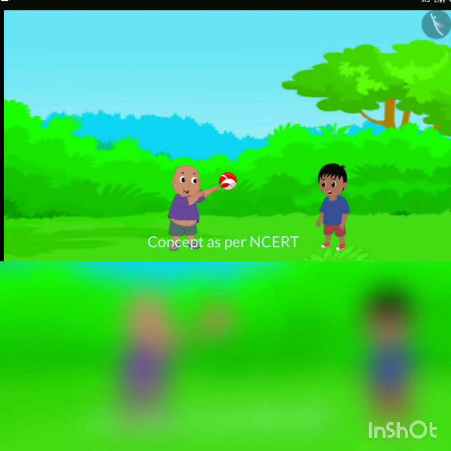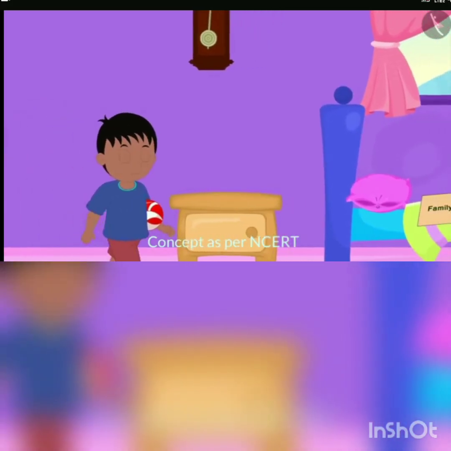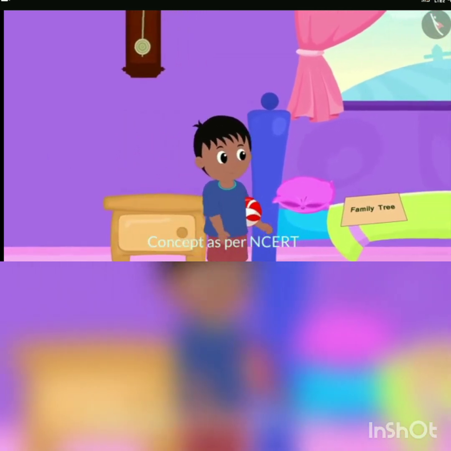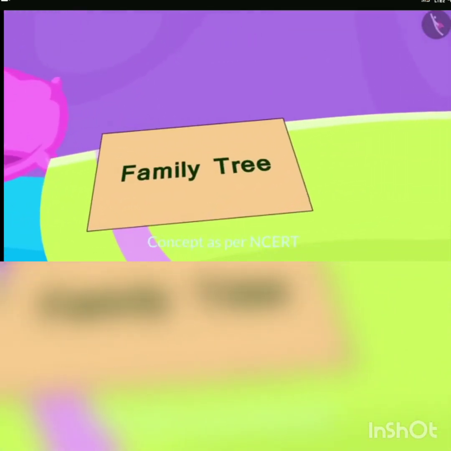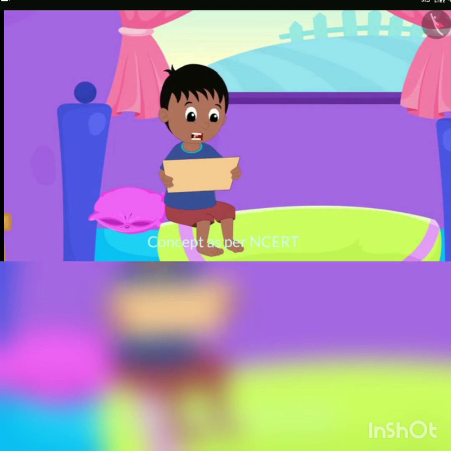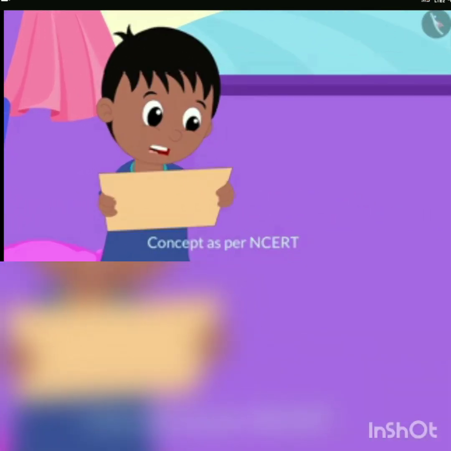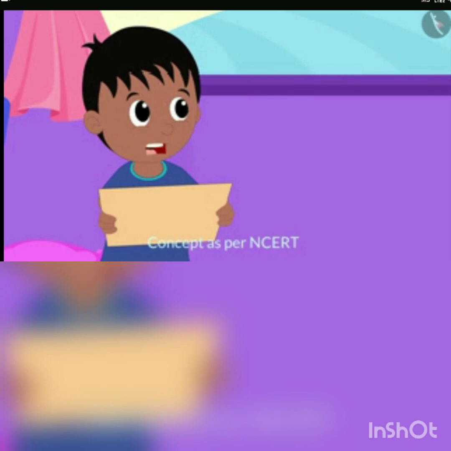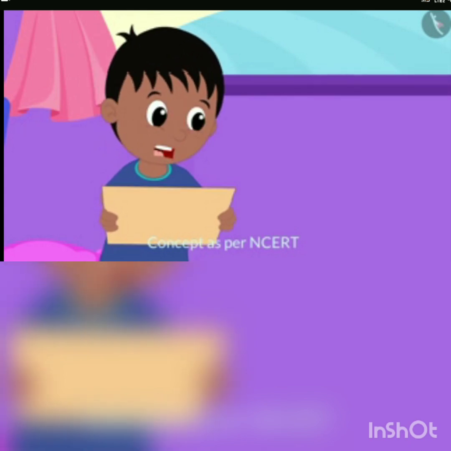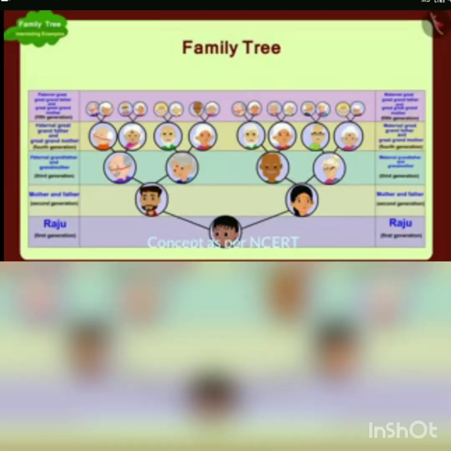When Raju returned home after playing from the park, he saw the family tree made by his father on the sofa. So many people. Out of so many people, how many maternal great-great-grandfathers and great-great-grandmothers do I have? Children, can you find the solution to this question by looking at Raju's family tree?